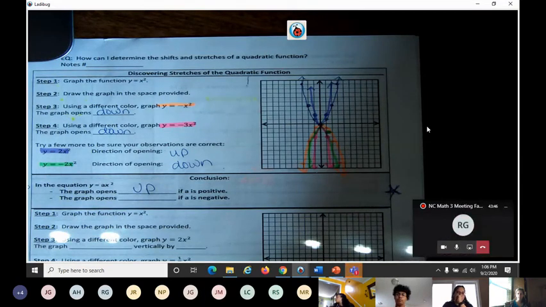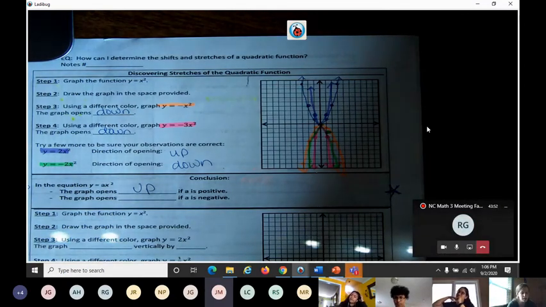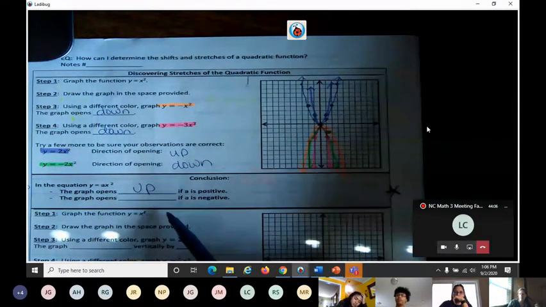Tyrell. Okay. Iban, are you there? Yes. So if A is negative, is the graph going to open up or down? Down. Very good, thank you.